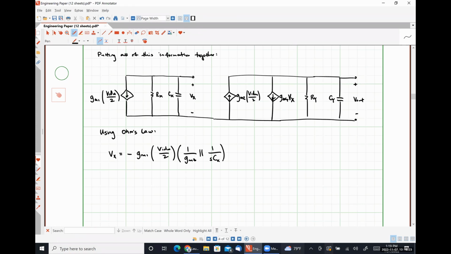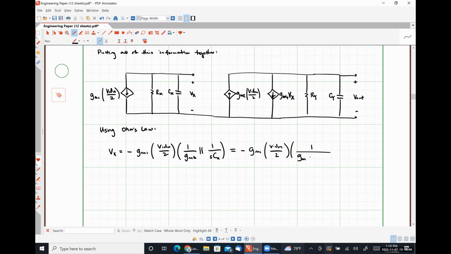Now, effectively, I have two admittances in parallel. So I can just lump them together. Admittances add directly. So this is going to look like negative GM1 times VIDM over 2 times 1 over GM3 plus S CX.